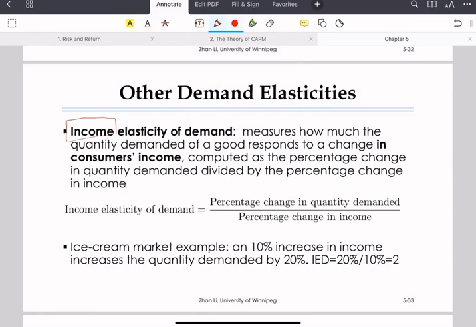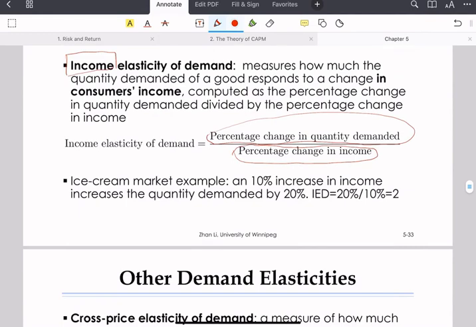Mathematically, to calculate the income elasticity of demand, we use the percentage change in quantity demanded divided by the percentage change in income. For example, in this ice cream market example, if you find out a 10% increase in income increases the quantity demanded by 20%, then you would know that the income elasticity of demand is 20% divided by 10%, which is 2.